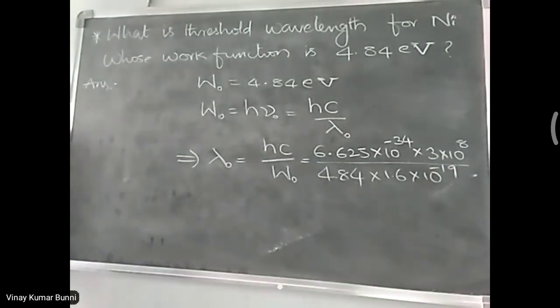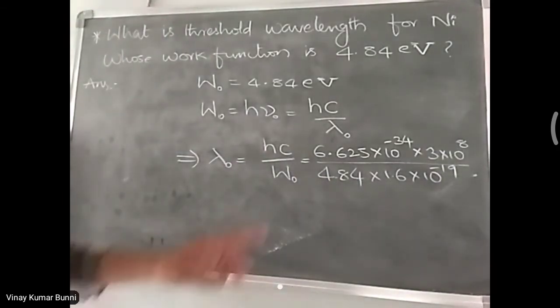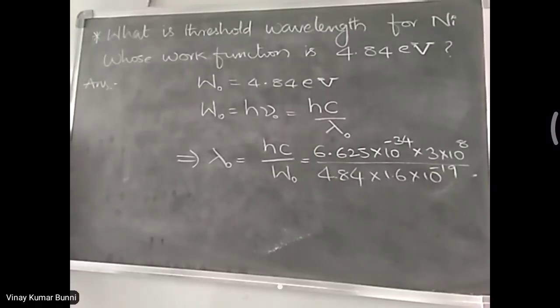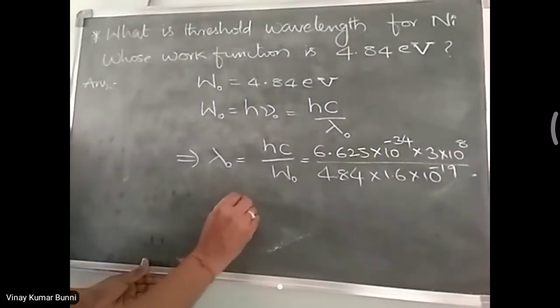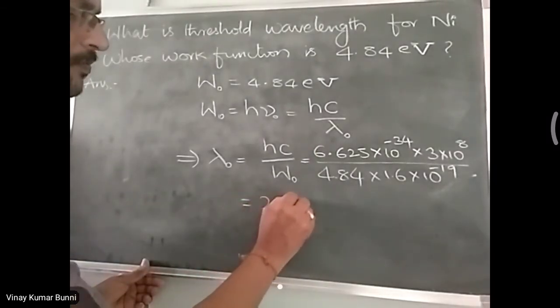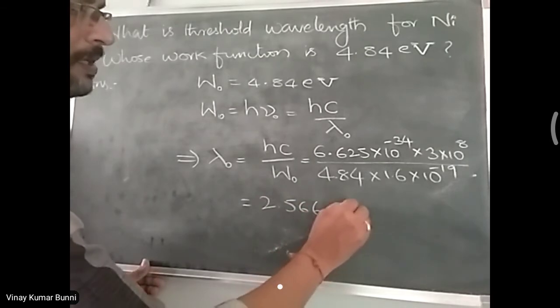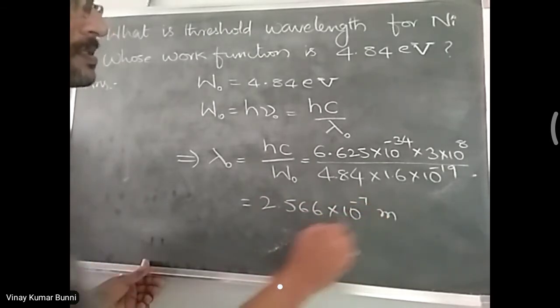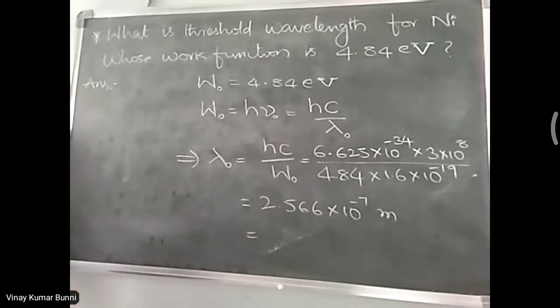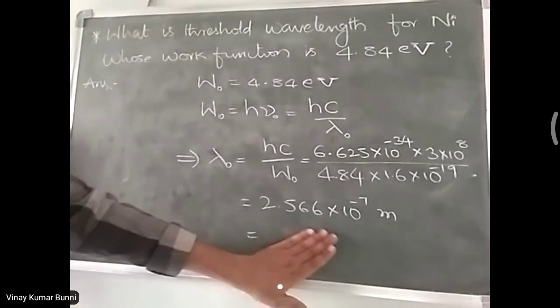After simplification, you will get the value as 2.566 into 10 power minus 7 meters.